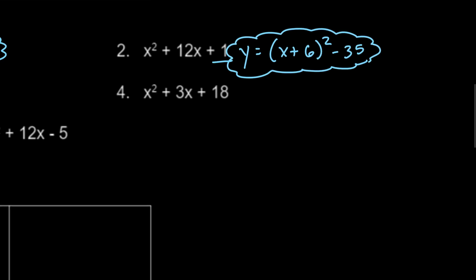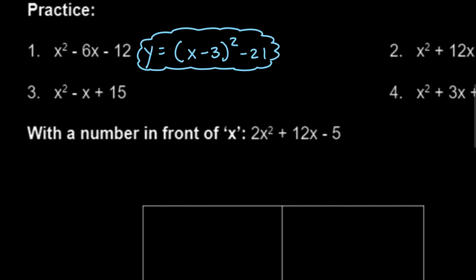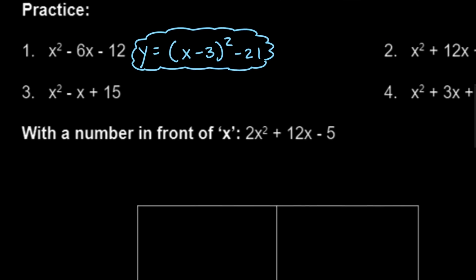Are we doing okay? We'll do this third one. What do I start with? Perfect. Yes, and how did we get that 59 over 4? Right.